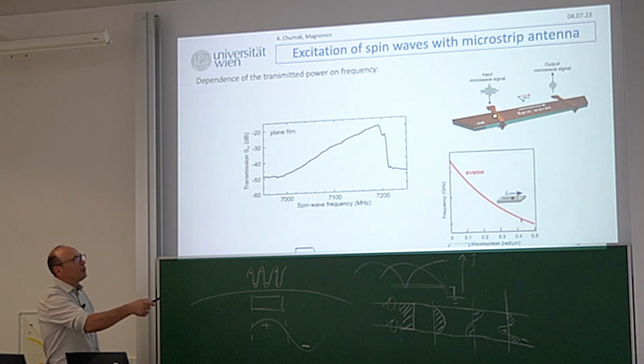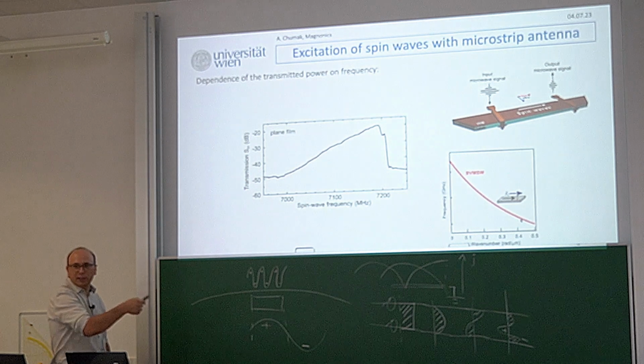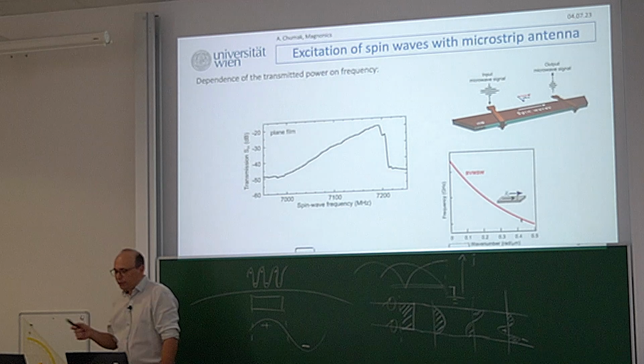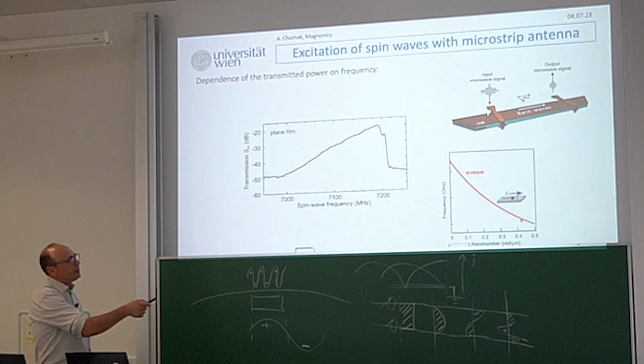Therefore, if your antenna would excite only in one direction, then this one would be 17 dB. And then split it into two. It means that you will have roughly 9 dB which is lost to excite and to detect spin waves.